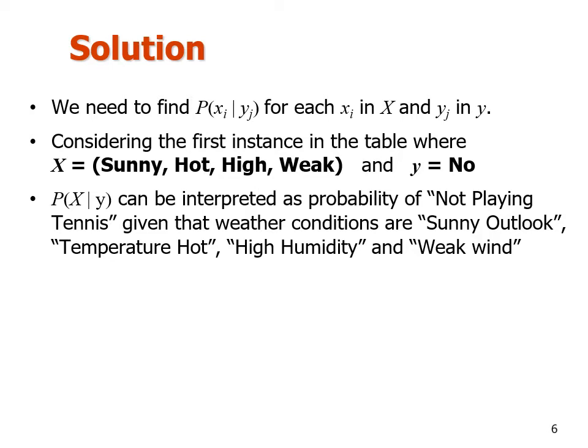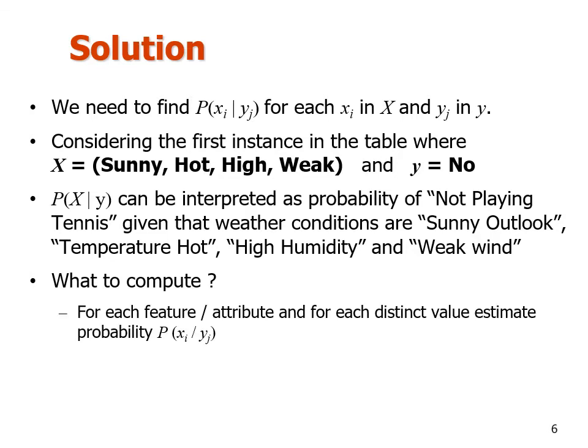To proceed further with the solution, what we are supposed to compute now? For each feature or for each attribute and for each distinct value of the attribute, we need to estimate probability of xi given yj.